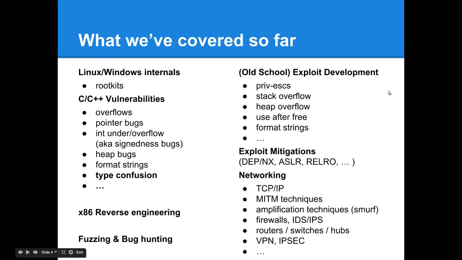Here's a quick recap of all the topics we've covered so far. We've covered operating systems internals for Linux and Windows, and talked about rootkit design for both. We've talked about the whole spectrum of C and C++ security problems and vulnerabilities, ranging from buffer overflows to heap bugs to format strings, including a bonus lecture on type confusion vulnerabilities. We've covered x86 reverse engineering, fuzzing and bug hunting and vulnerability research.